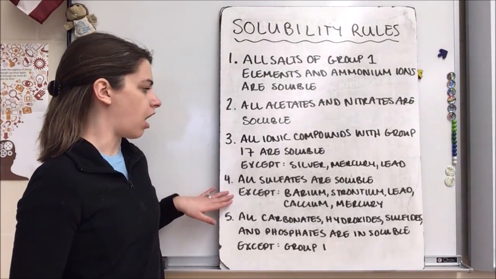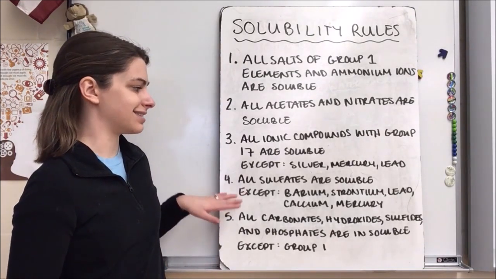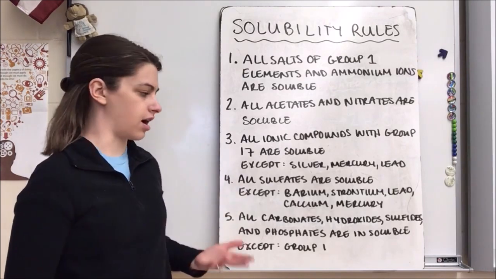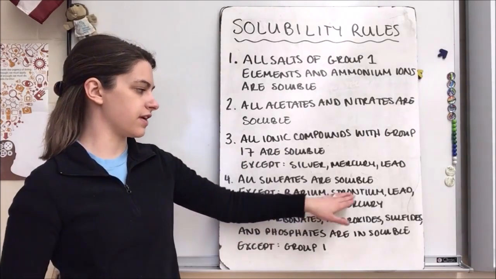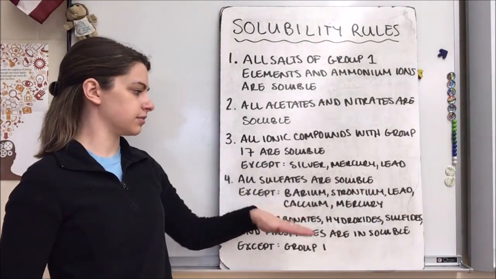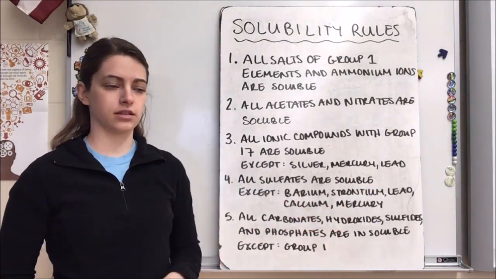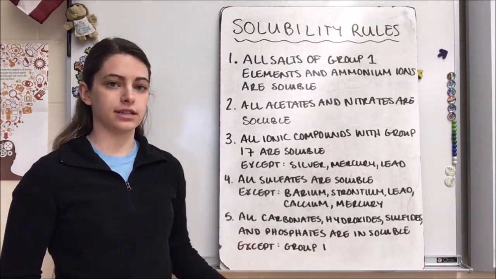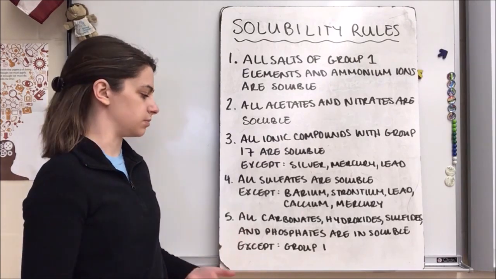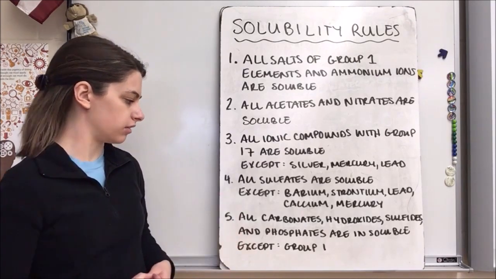Number 4, all sulfates are soluble, except, and this actually has a fairly long exceptions list, except barium sulfate, strontium sulfate, lead sulfate, calcium sulfate, and mercury sulfate. So those are the exceptions, but anything else that's a sulfate compound is going to be soluble, or it's going to dissolve.